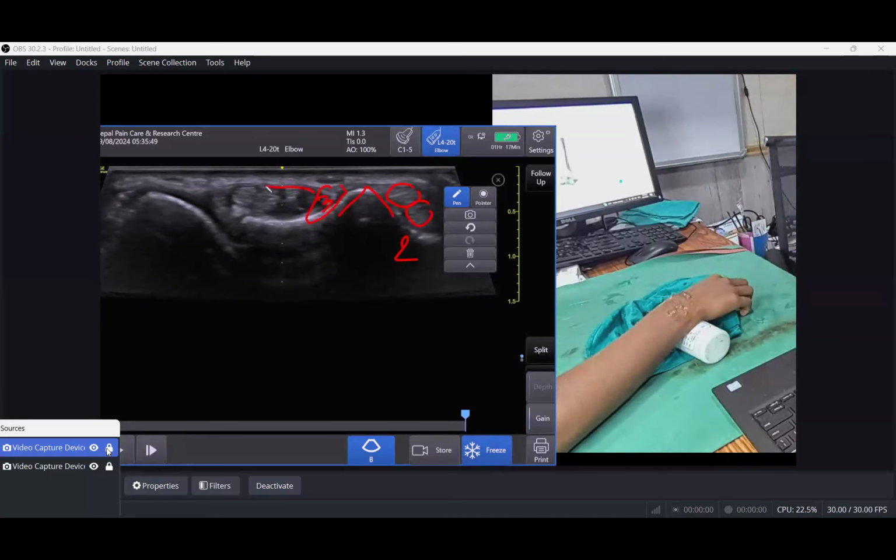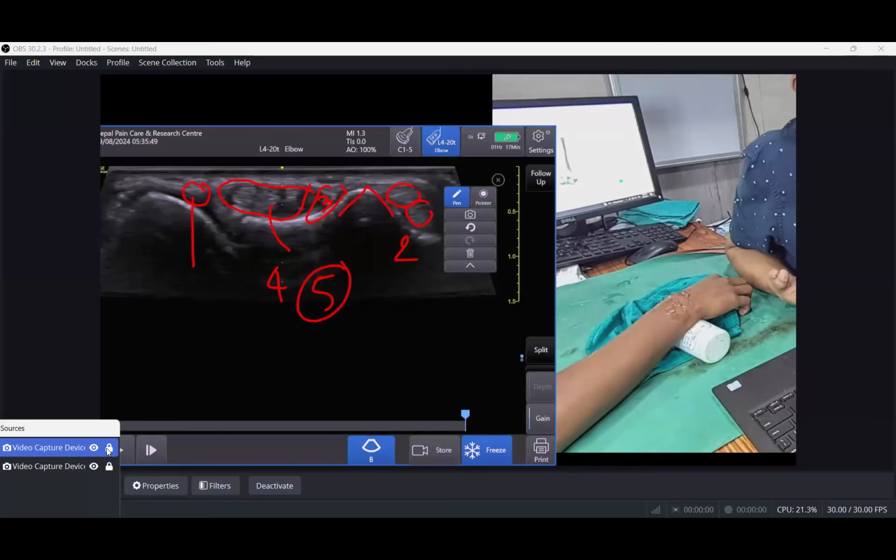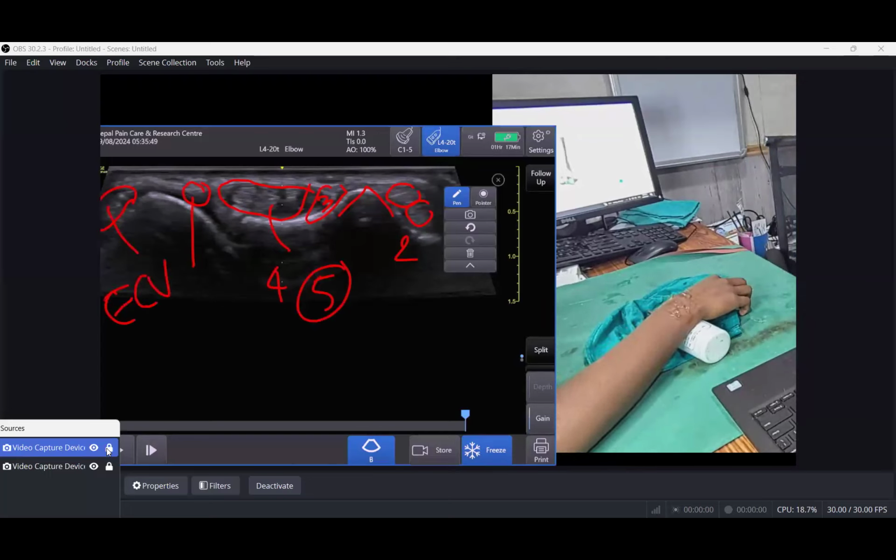And this one is compartment number 4, where there are 5 tendons. It is extensor digitorum and extensor indicis. And this one is compartment number 5. There is only one tendon, that is extensor digiti minimi. And here is compartment number 6, that is extensor carpi ulnaris.